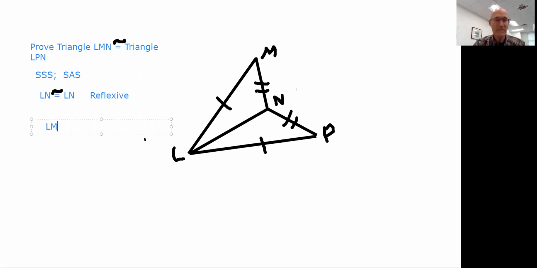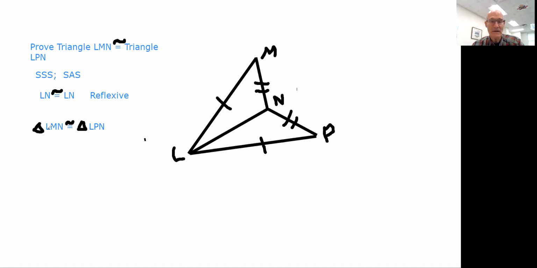So I have triangle LMN is congruent to triangle LPN. This is a congruency statement.